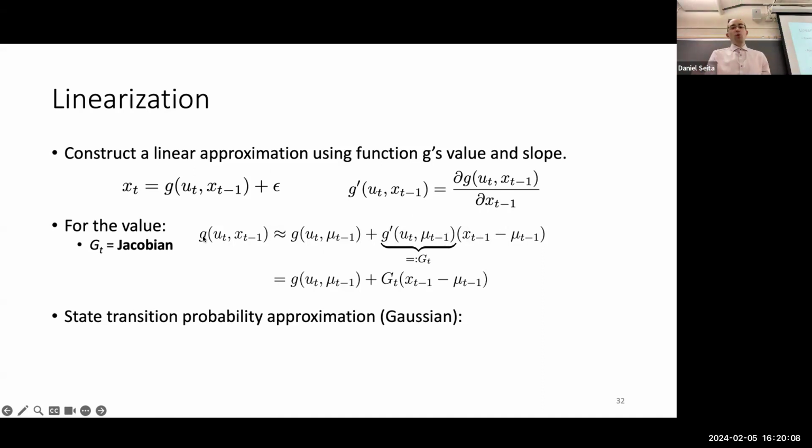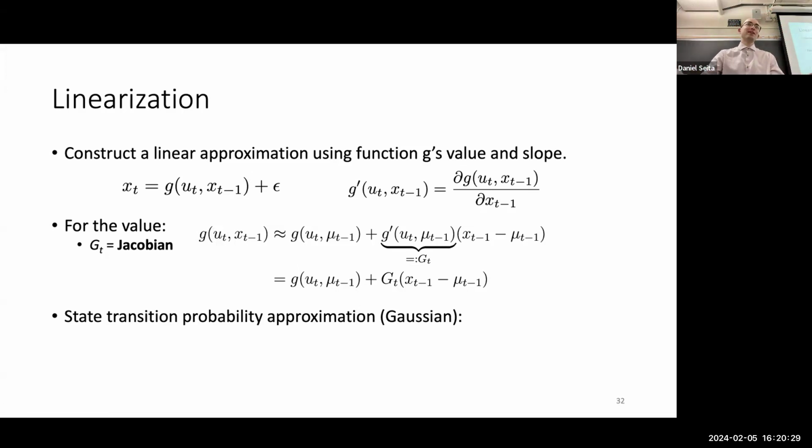What we get from this is that this arbitrary function g is equal to this g plus this matrix multiplied by this vector. So we get some vector plus matrix times vector, and in some sense it becomes a linear function.